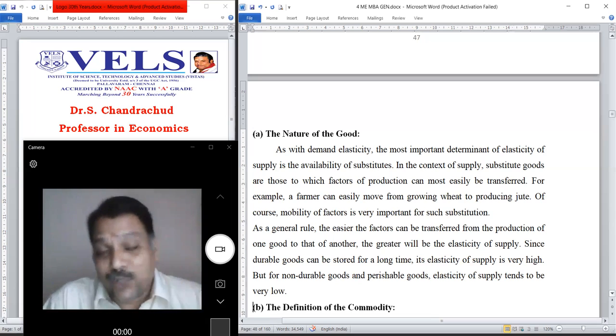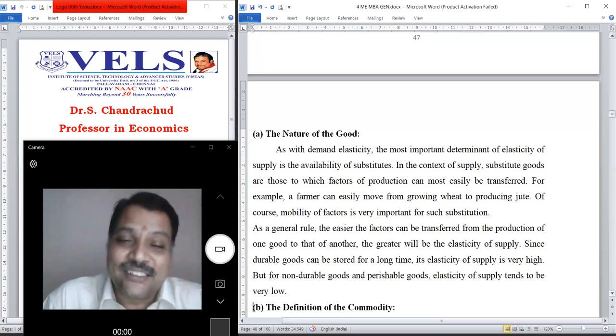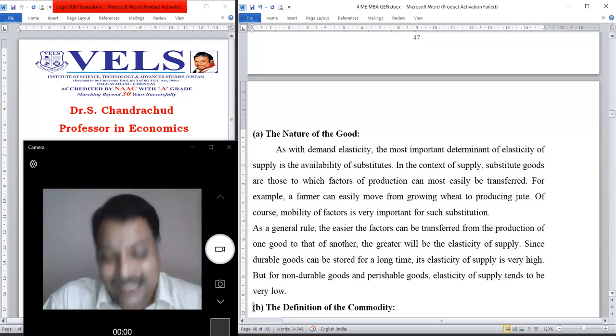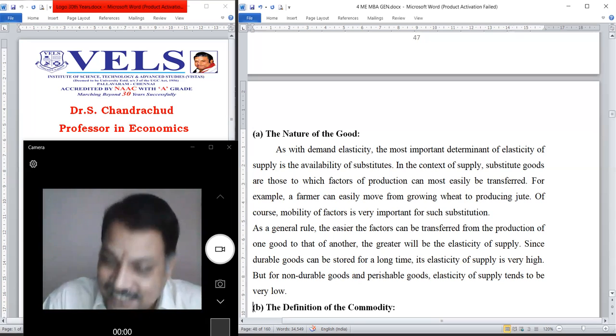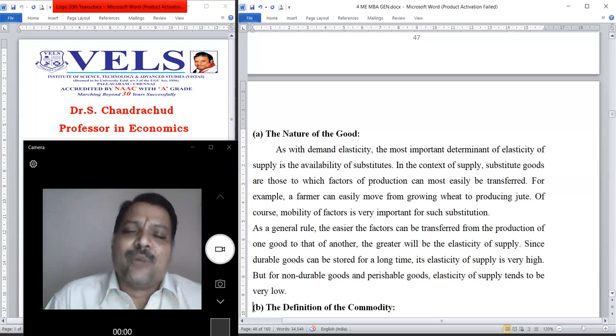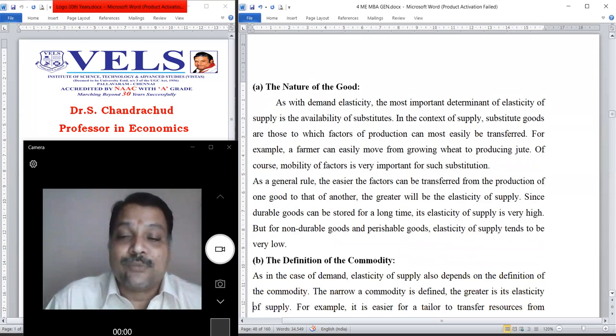As a general rule, the easier a factor can be transferred from the production of one good to another, the greater will be the elasticity of supply. Since durable goods can be stored for a long time, their elasticity of supply is very high. But for non-durable goods, like perishable goods, the elasticity of supply tends to be very low.